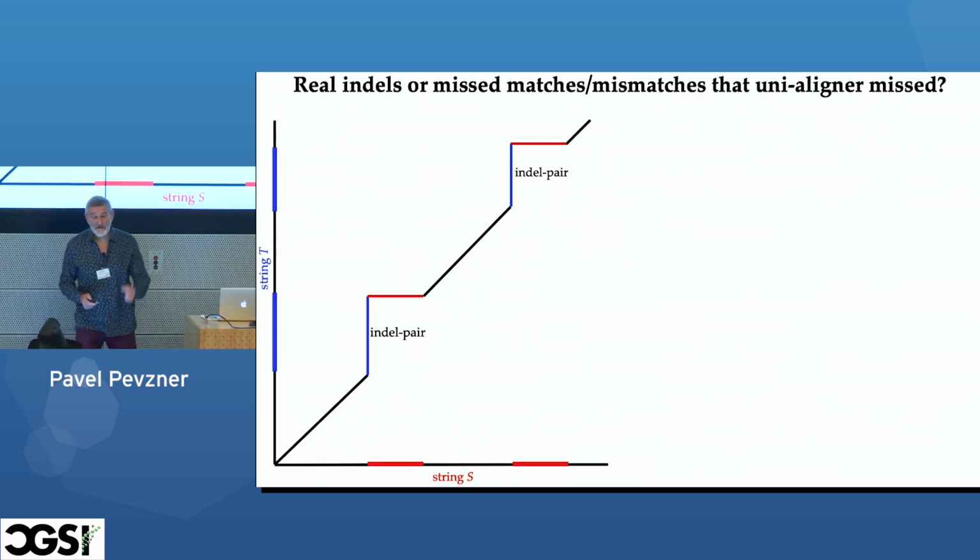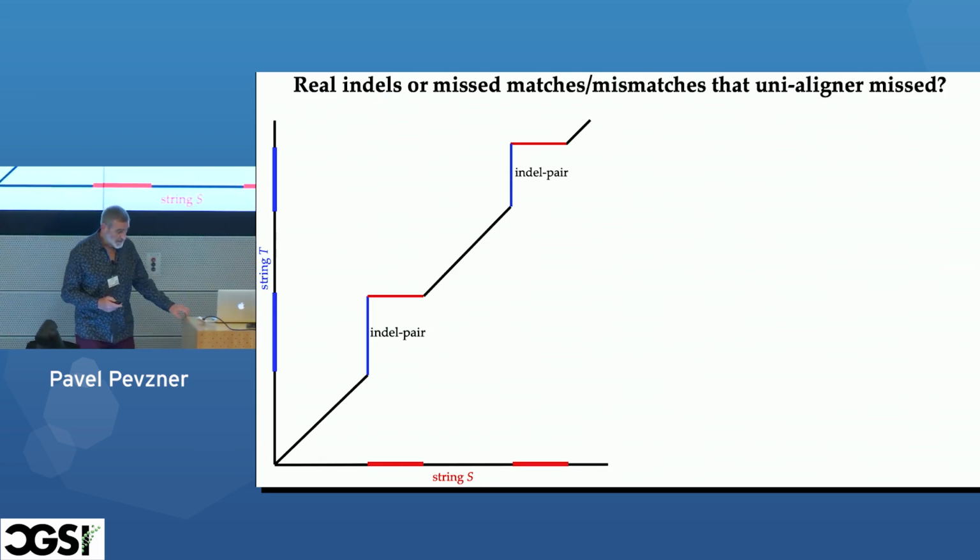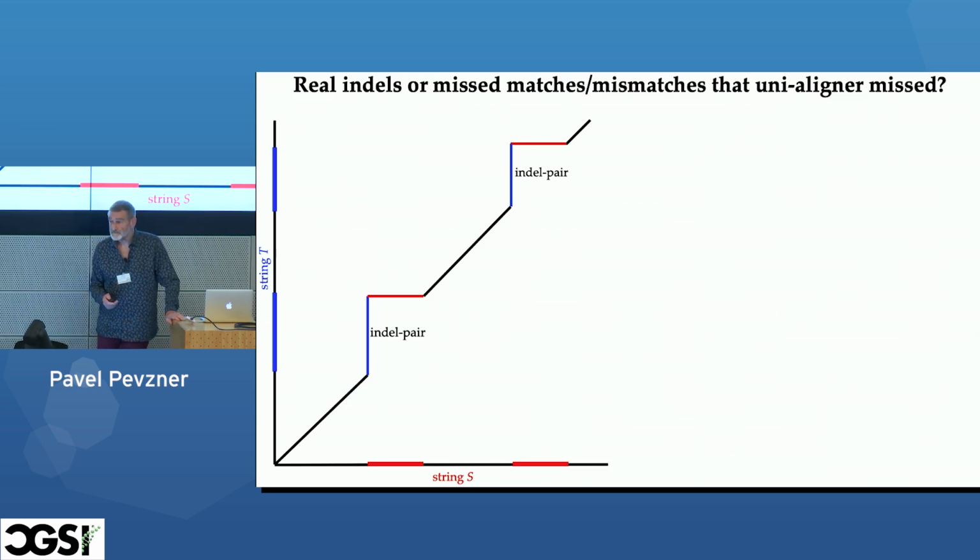Anyway, when you look at uni-alignment, everything is formed by perfect matches, right? And then you look at insertion and deletion, and you have an indel, insertion followed by deletion. And the question arises whether it's actually an alignment.